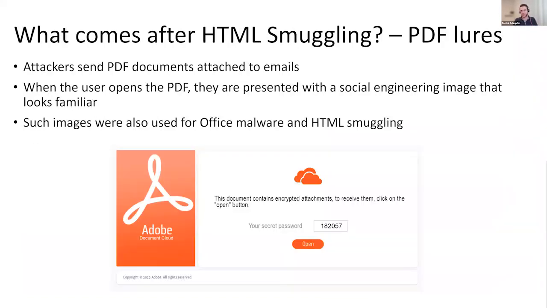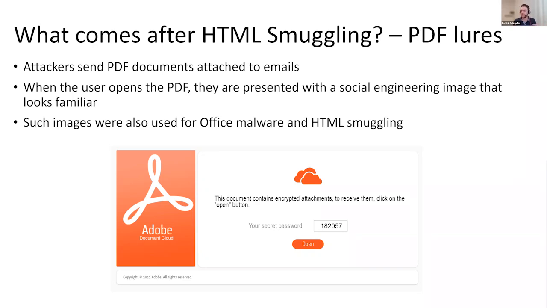But what comes after HTML smuggling if this really gets detected? This happened late last year. Threat actors moved to PDF lures. They just send you a PDF document as an attachment. If you open up the PDF document, you get a fairly similar image, the social engineering image, as we have seen with the HTML smuggling or also with the Office documents.